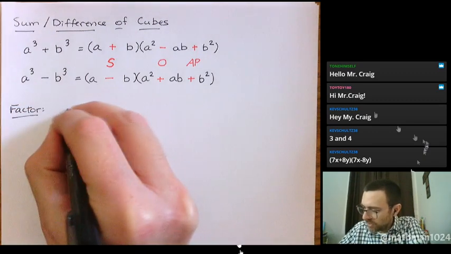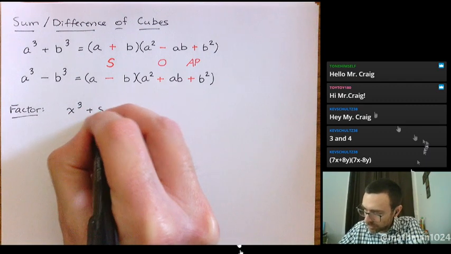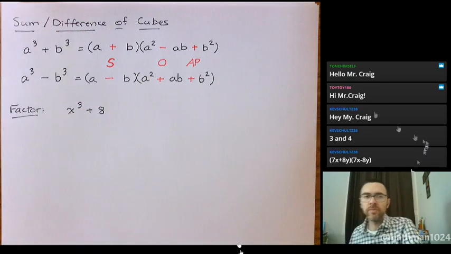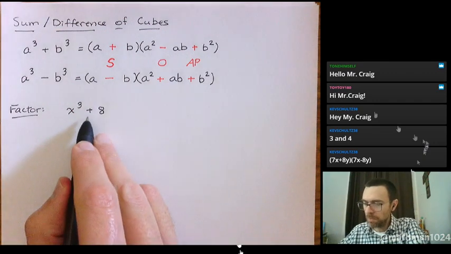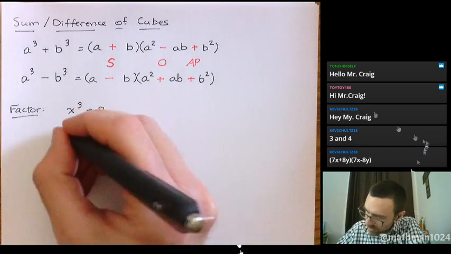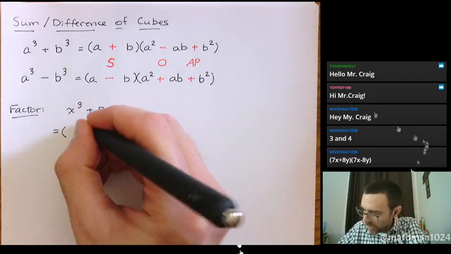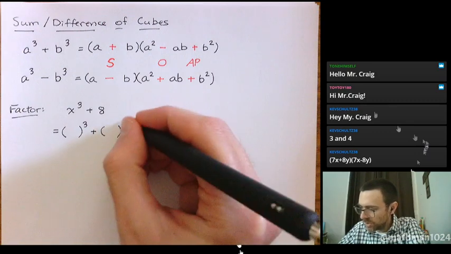So if I ask you to factor x to the third plus 8, we need to be able to identify that what we have is the sum of two cubes, because we can rewrite this very easily as something to the third plus something else to the third.